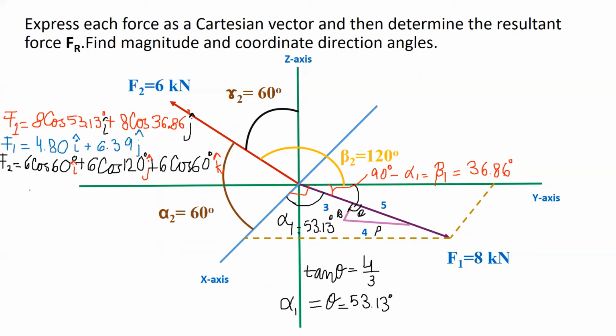This is the way to find the forces in Cartesian vector form. Then you have to do F2. For F2, the value is coming out to be 3 i cap minus 3 j plus 4.2 k.